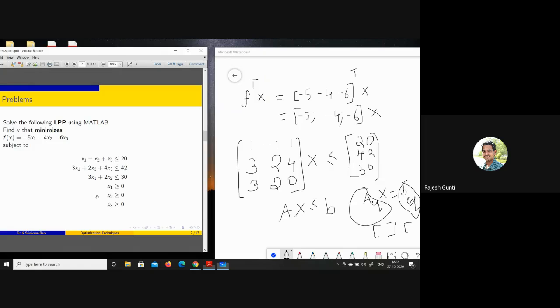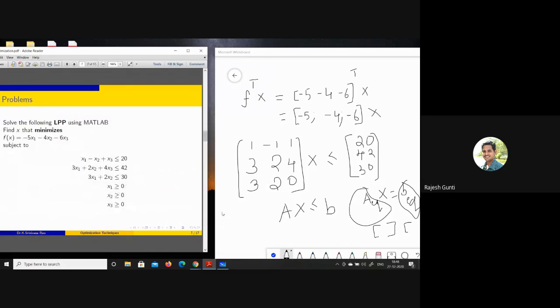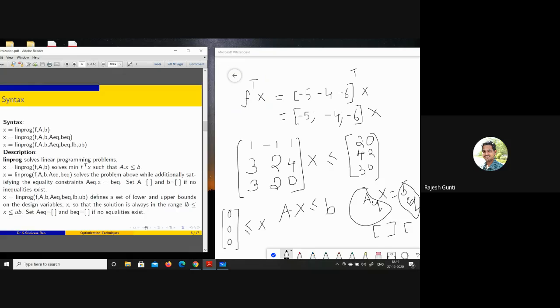Suppose you take 0, 0, 0, this is a null matrix, less than or equal to x1, x2, x3, that is x. This is the lower bound. Lower bound is 3 rows, 1 column. That is the meaning of this.